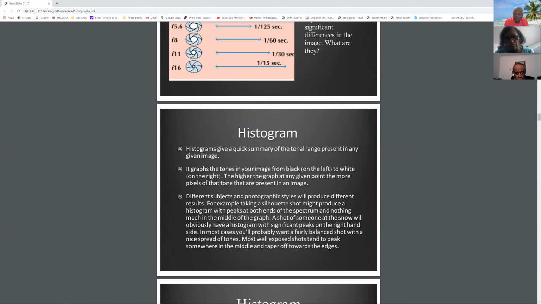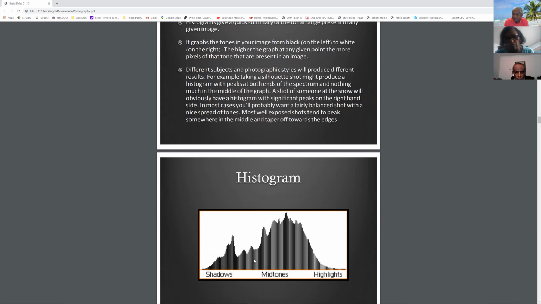Histogram is a kind of graph that you see in the camera, and most of the new cameras have this histogram. Histogram shows the amount of light that comes into the sensor, right? Normally, if you want to get a good exposure, you have to have a bell curve like that, right? If you get higher in this area, that means you have a very dark picture.